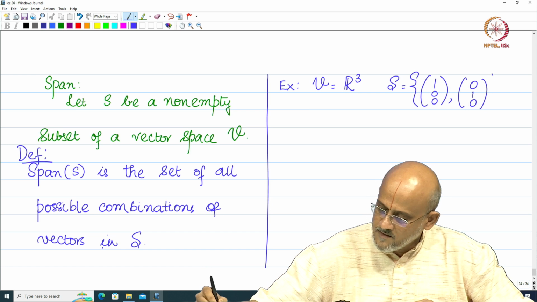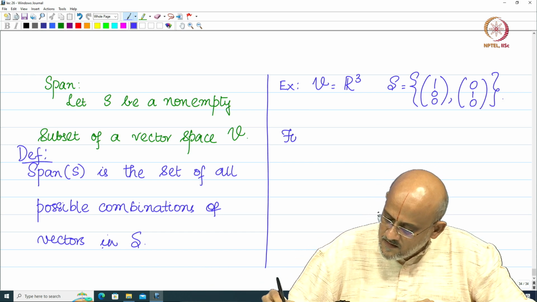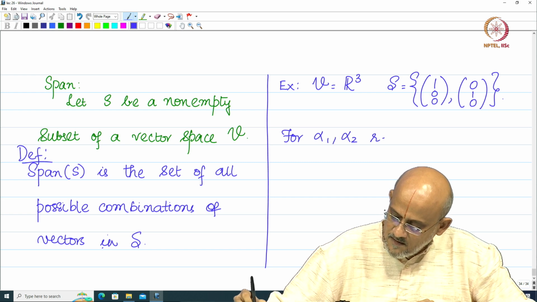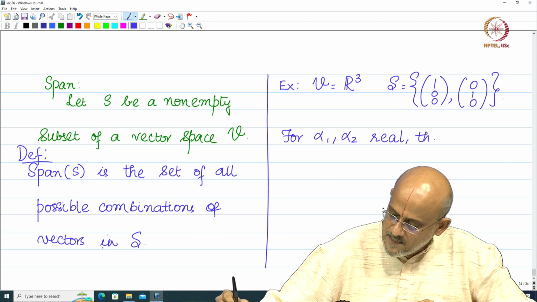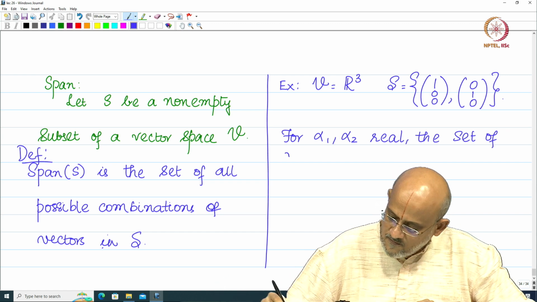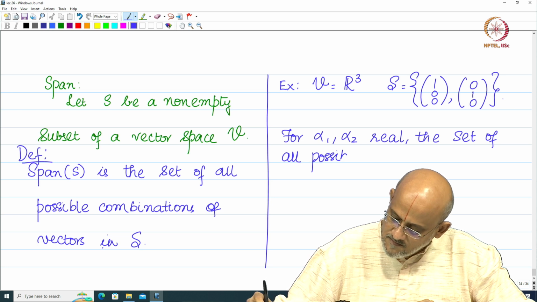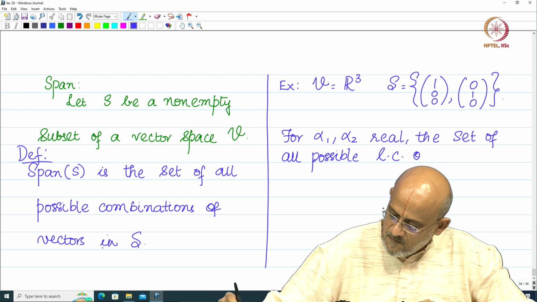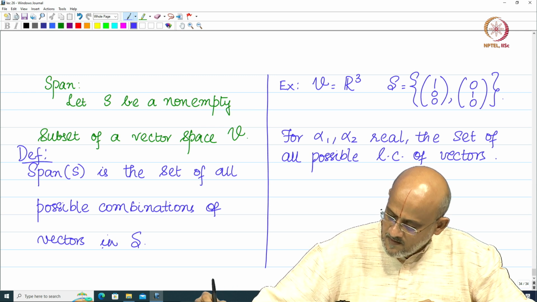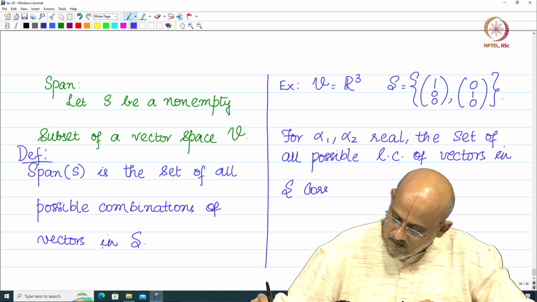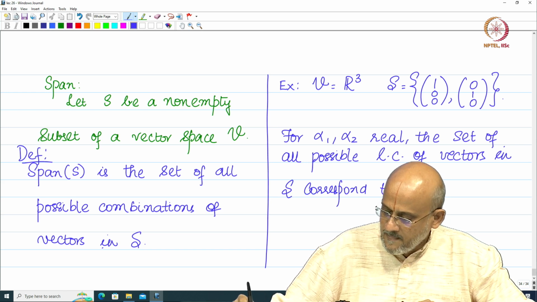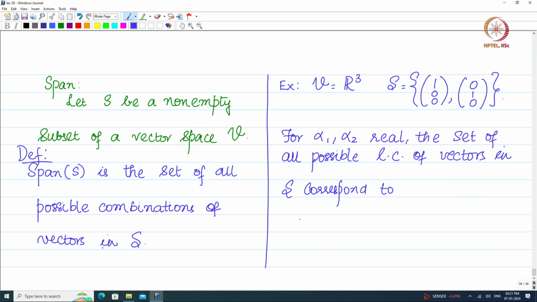Now, for alpha 1 and alpha 2 real, the set of all possible linear combinations of vectors in S, that is, the span of S, is nothing but alpha 1 into 1 0 0 plus alpha 2 into 0 1 0, with alpha 1, alpha 2 real.